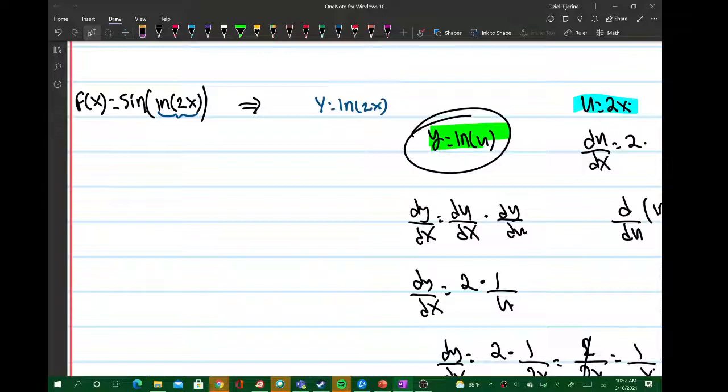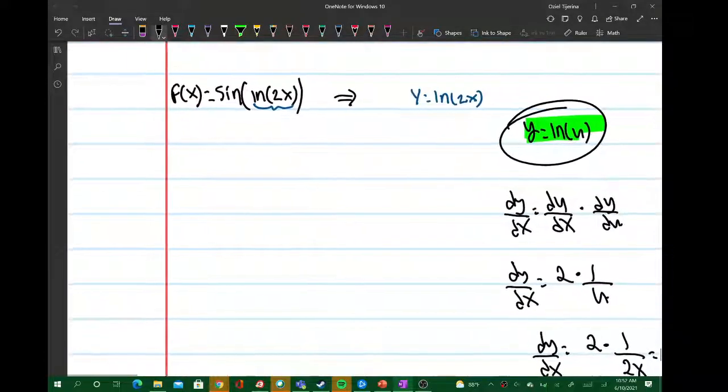Now, that is the derivative. That is what y prime is, okay? So looking at this, u can be equal to ln of 2x.